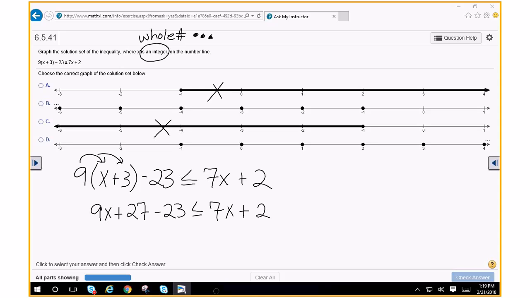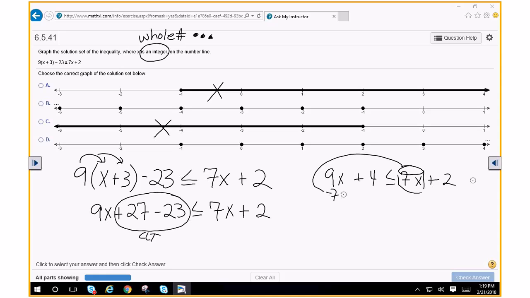Now, what do you do always after you do distributive law? CLT, combine like terms. Positive 4, so that's going to be 9x plus 4, y'all check me, less than or equal to 7x plus 2. Move the smallest bucket across the river. 2x plus 4, less than 2, finish it out.